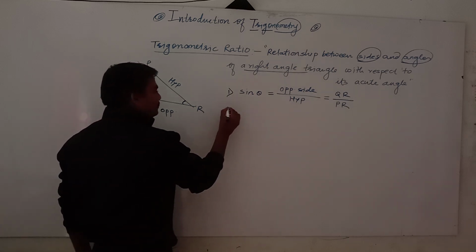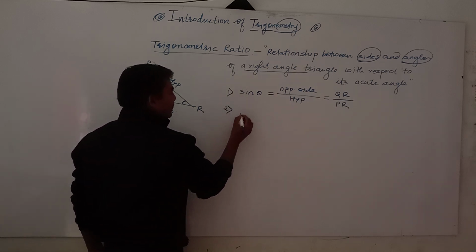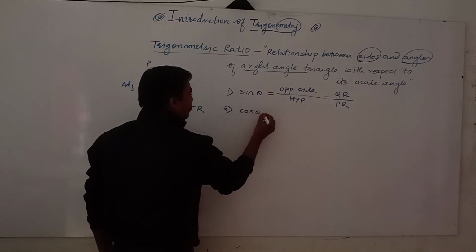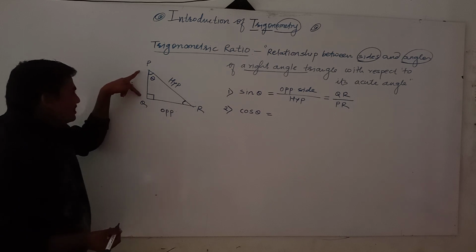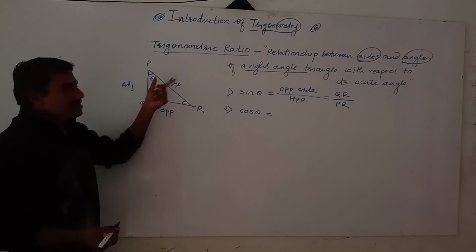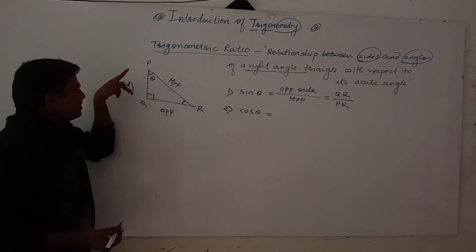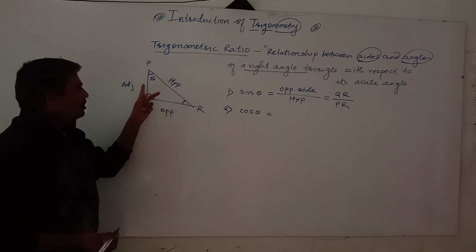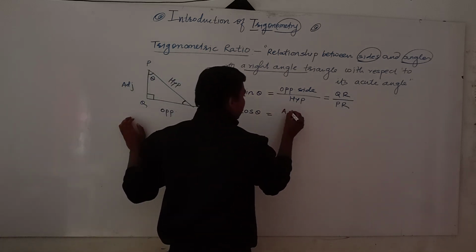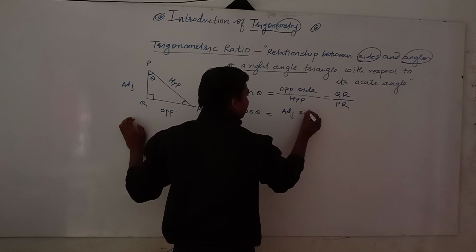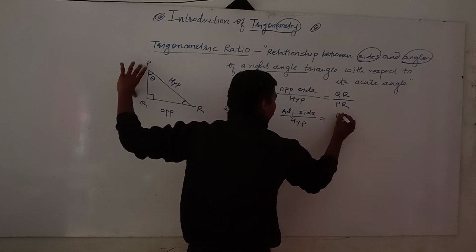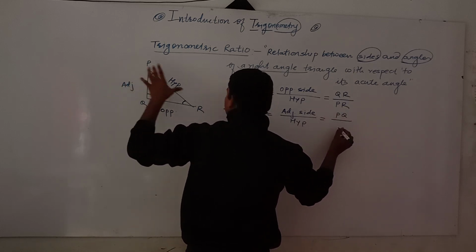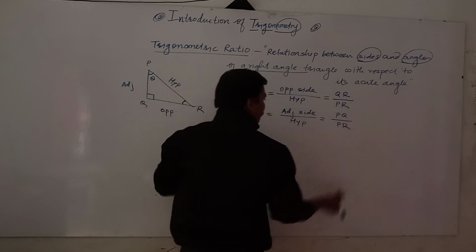Second is cos theta, which is the adjacent side upon hypotenuse. Its adjacent side is PQ and the hypotenuse is PR.